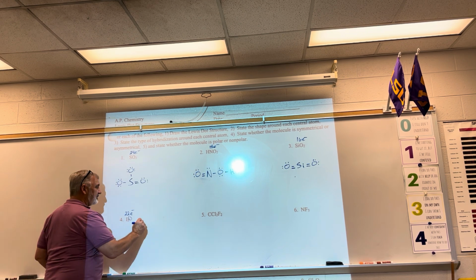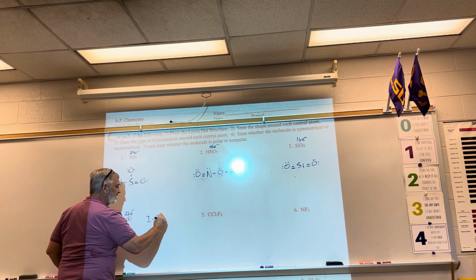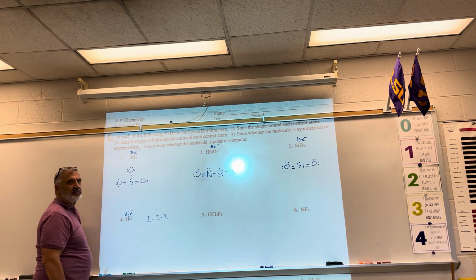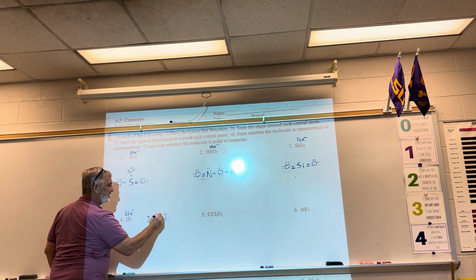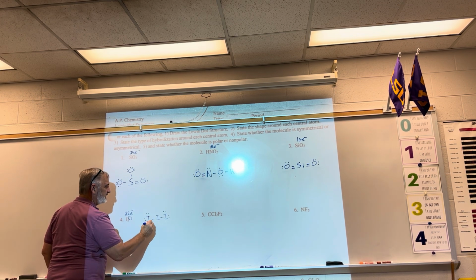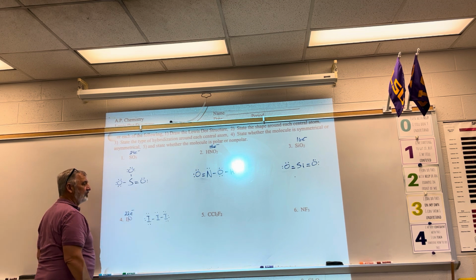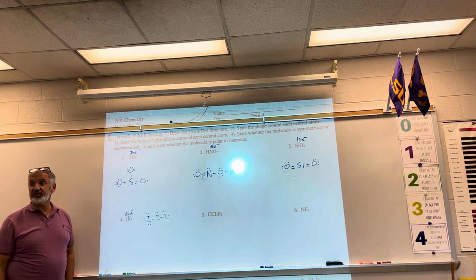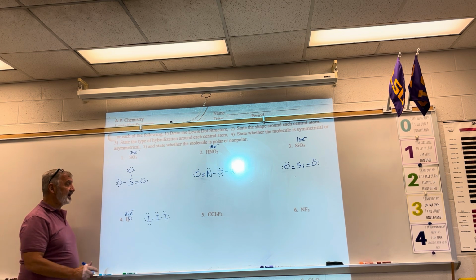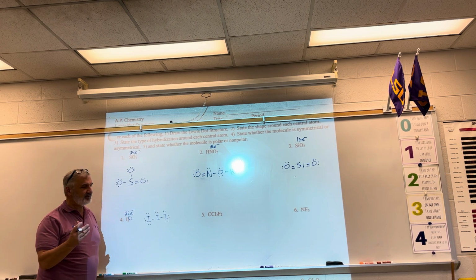So it's going to be iodine, iodine, iodine. 2, 4, 6, 8, 10, 12, 14, 16, 18. Well, now I have 4 extra electrons. Where do extra electrons always go? On the central atom, always in pairs. It doesn't matter where you put them.